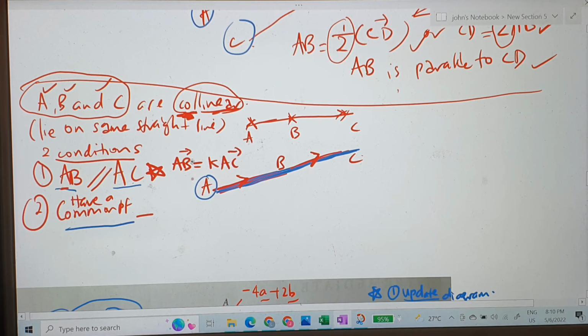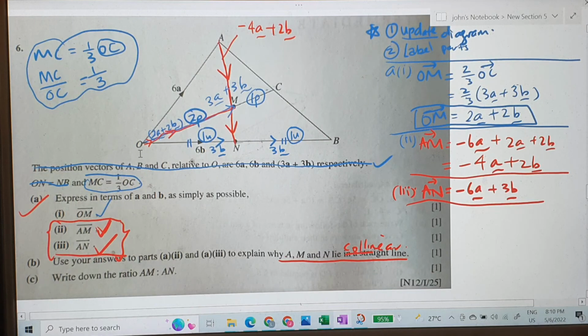Okay, then they must have a common point, and the common point in this case is A. So two things. Firstly, you must be able to write this, because this means that AB is parallel to AC. Okay, and then you must state, they have a common point A. Alright, okay, now let's try and see whether we can do that.